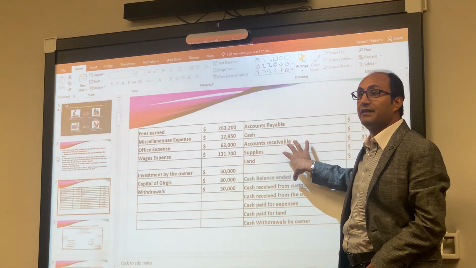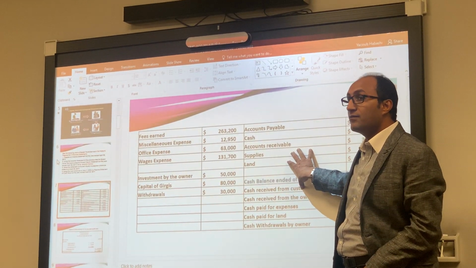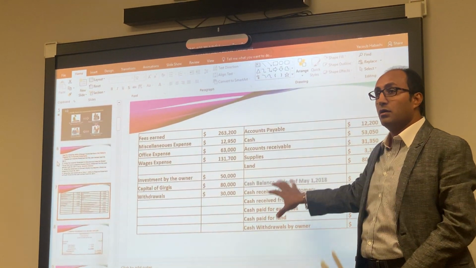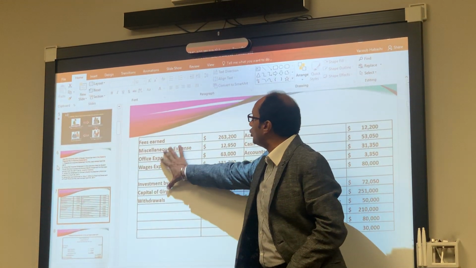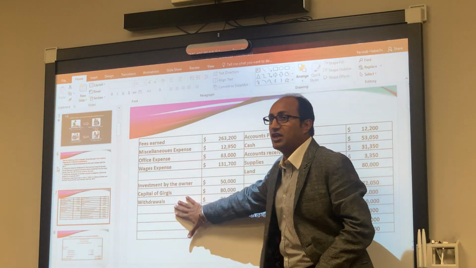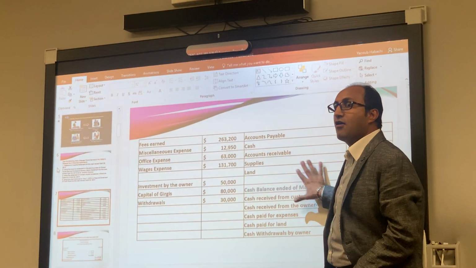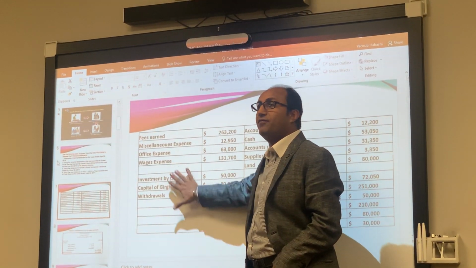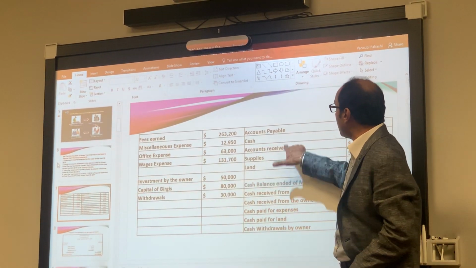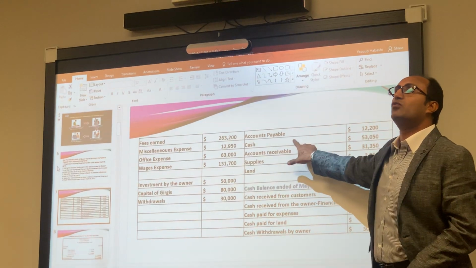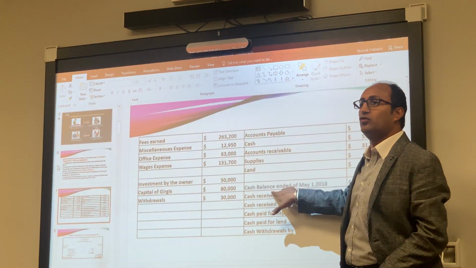Worry about the data inside the table. I use that to prepare income statement, split up into chunks. You have four sections of data, for four statements: income statement, owner's equity, balance sheet, and cash flow.